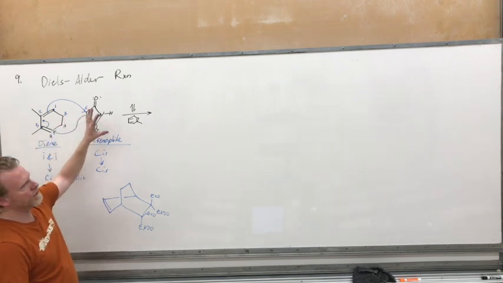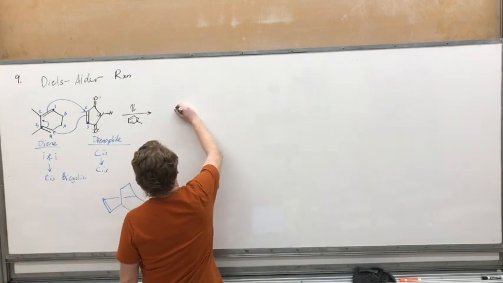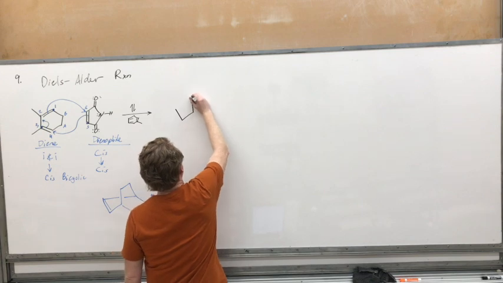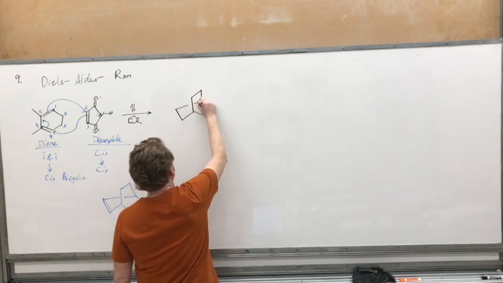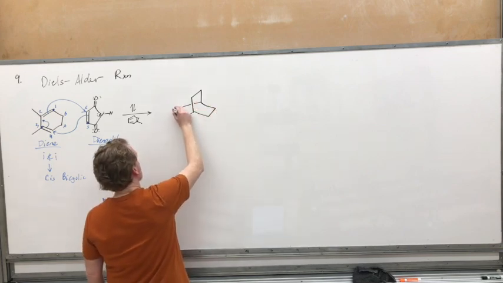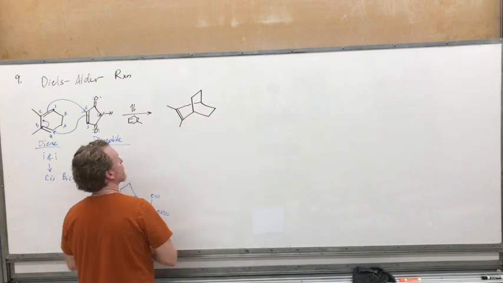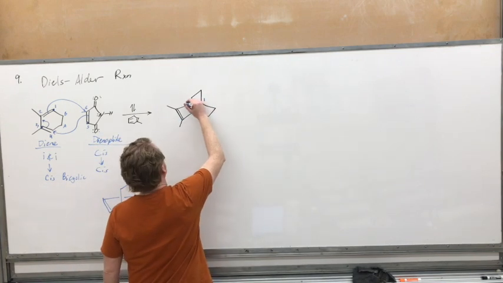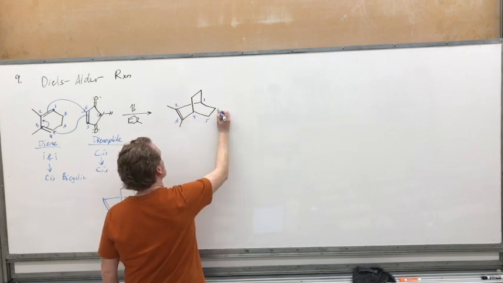If you're not so good, don't skip the steps like I am. But if you're getting the hang of it, you can start skipping the steps. Here it is. Boom. And I have methyls off of here and alkene there. So what do I have? I've got 1, 2, 3, 4, 5, 6.